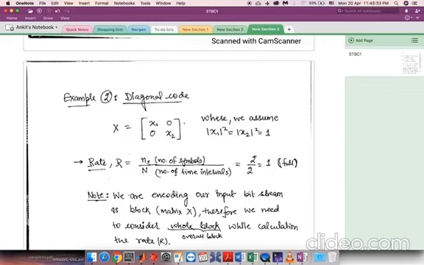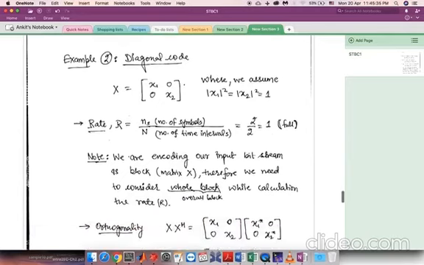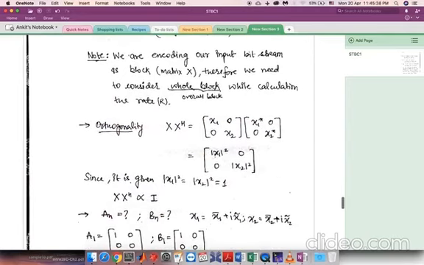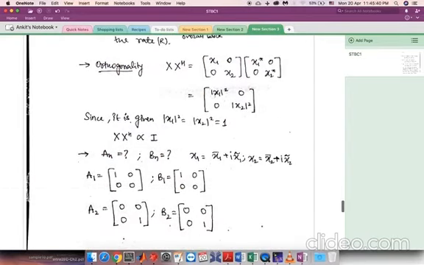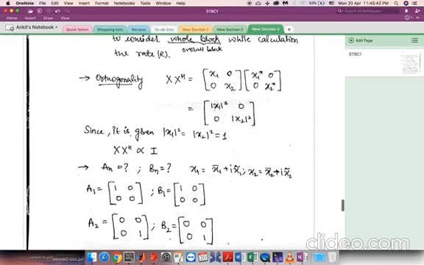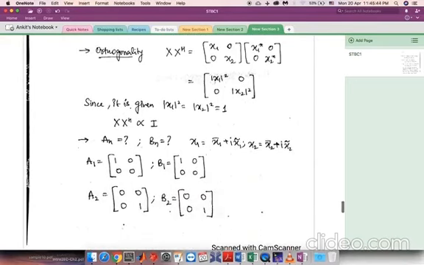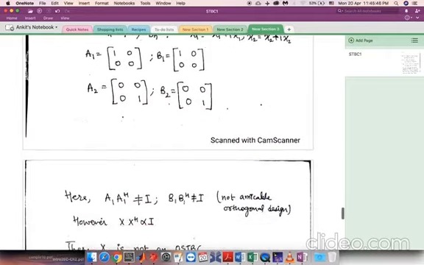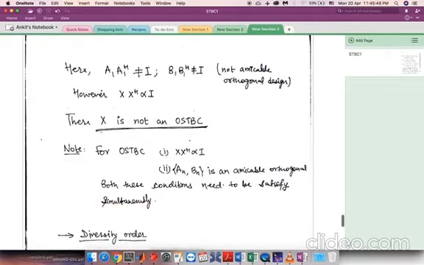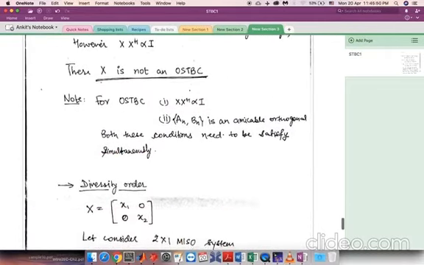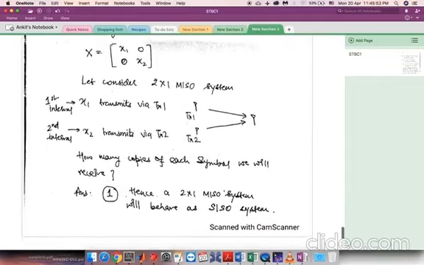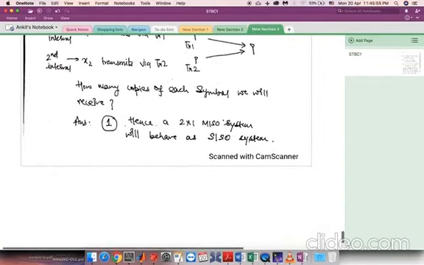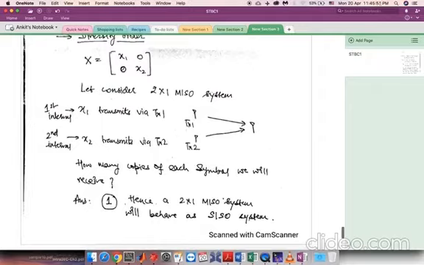So try to verify the things written here about the rate, about the orthogonality, and how to find the an and bn. Try to find them by yourself, then see the answer, which is good practice, and find its diversity order as well, using the transmission scheme, right? This is all for this lecture one. Thanks.